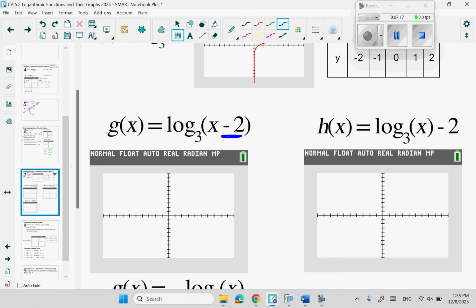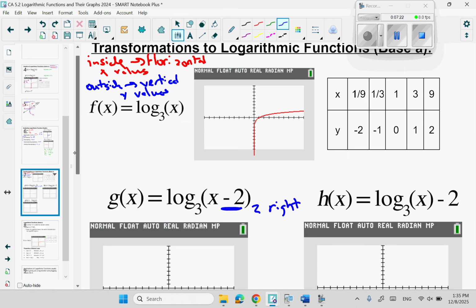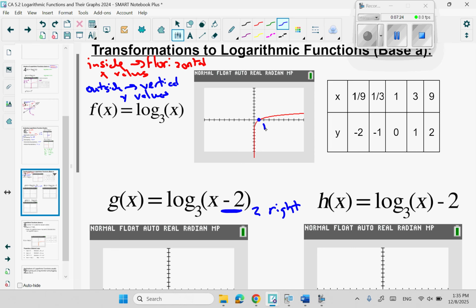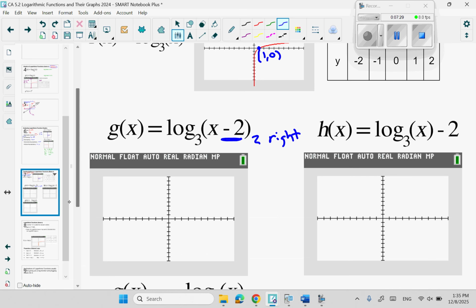So minus 2, I would go 2 to the right. And we will use, again, our frame of reference of the coordinate 1, 0. So if I move 2 to the right, 1, 0 becomes 3, 0. And just like yesterday, my asymptote yesterday was y equals 0. It's horizontal. And that only mattered and changed when I moved vertically because it changed the y value.